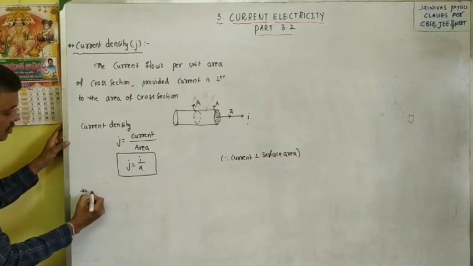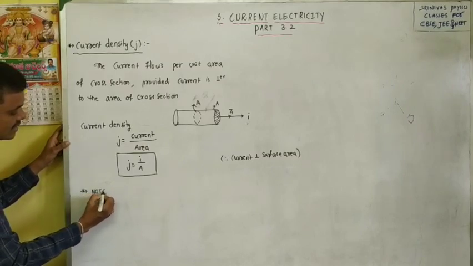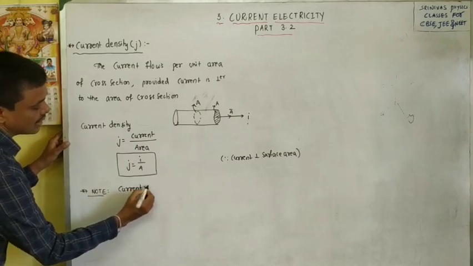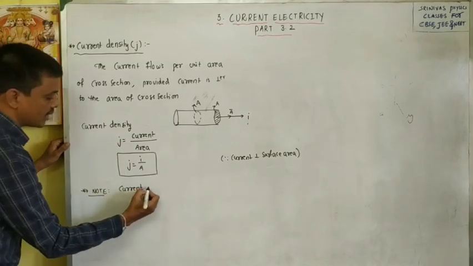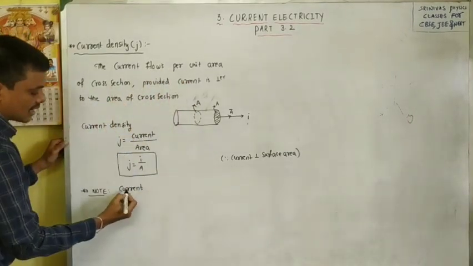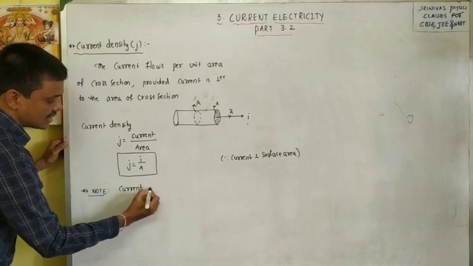Note that current density is a vector. Current density is nothing but current by surface area. Current per unit area of cross section is called current density, and current density is a vector.